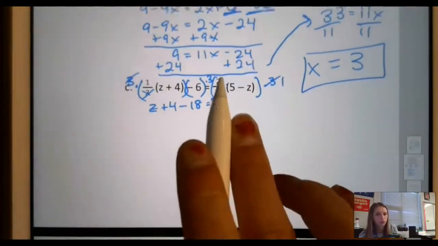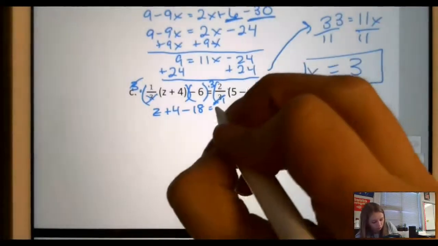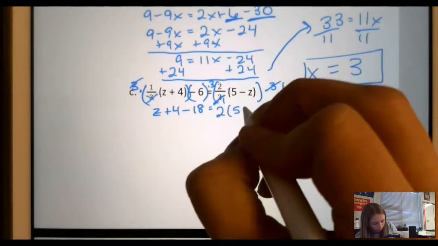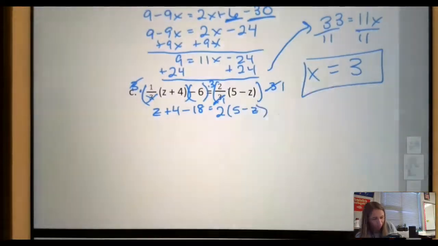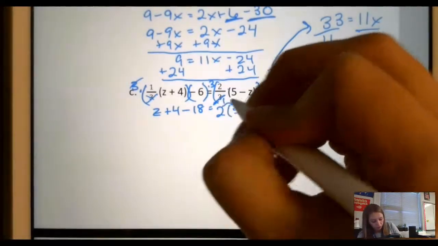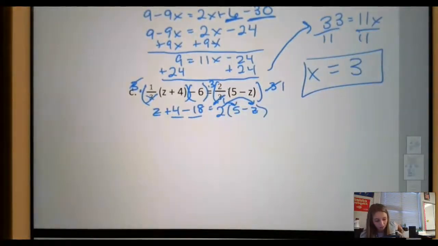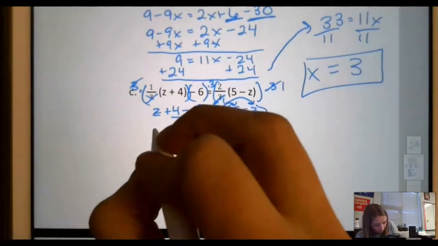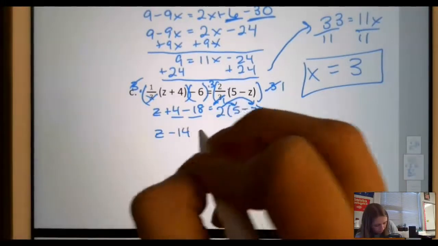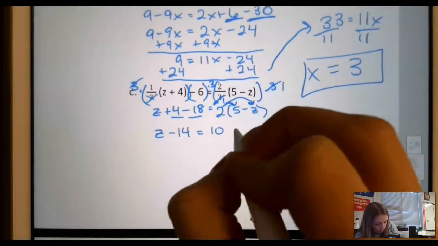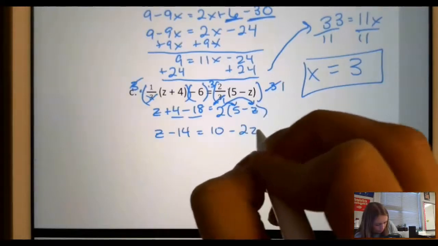So we're left with a 2 still, so we can't forget about that. So we're going to bring that 2 down, multiply that by 5 minus z still. Alright, we're going to have to distribute over here, and I'm going to go ahead and combine my like terms at the same time. So I would then have z minus 14 equals 10 minus 2z.